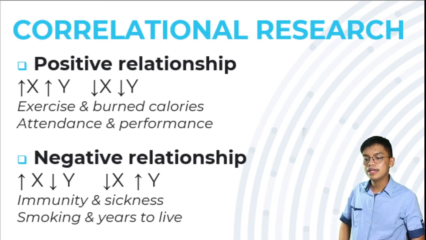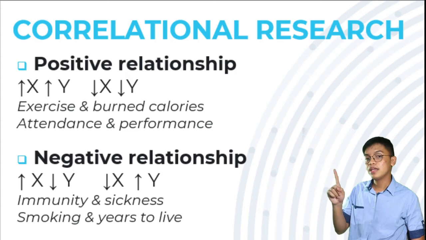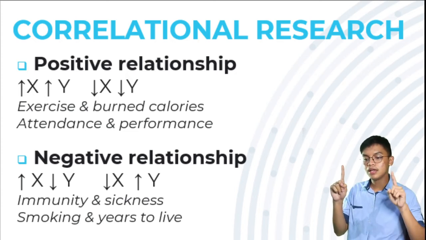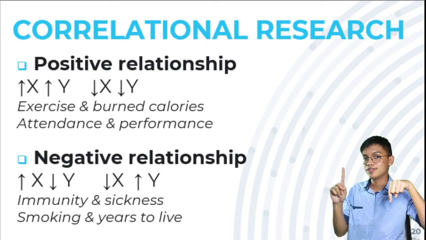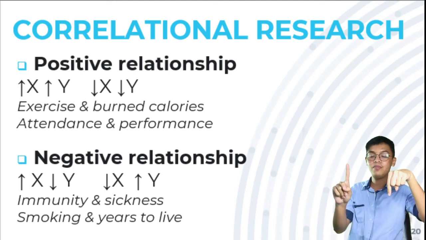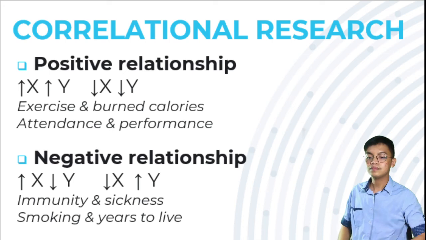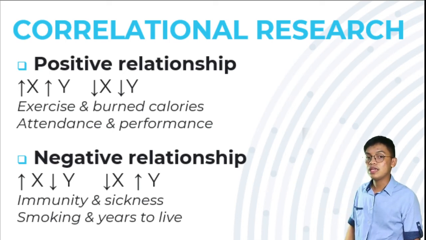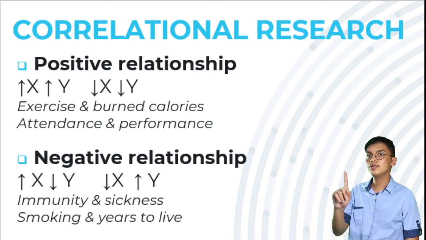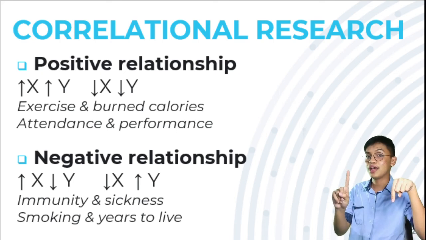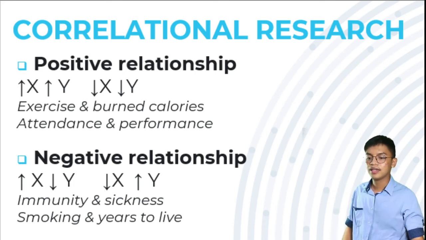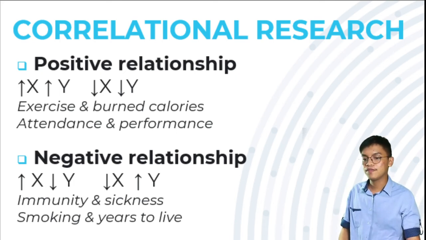It could be that the better is your immunity, the lower your chance of getting sick. So that's an inverse relationship. That's a negative correlation. Next one, the relationship between smoking and years to live. The more you smoke, the lesser years you have to live. So those are your two kinds of correlations.